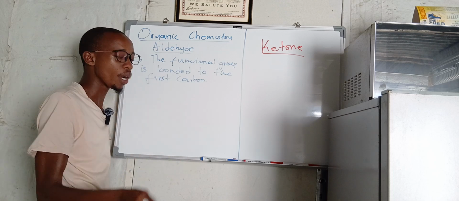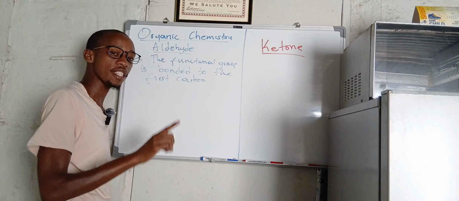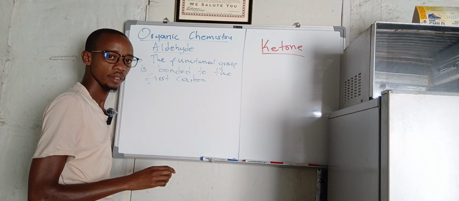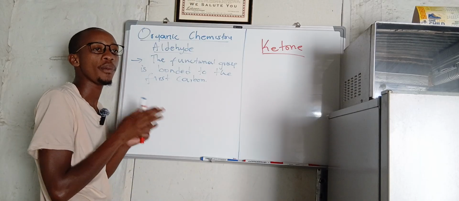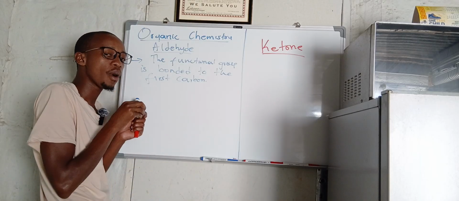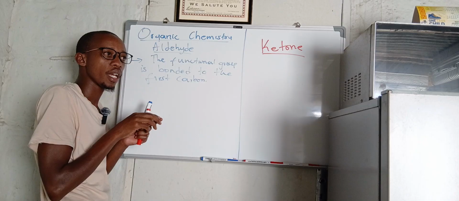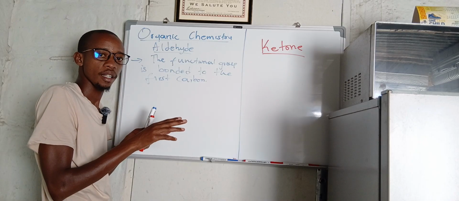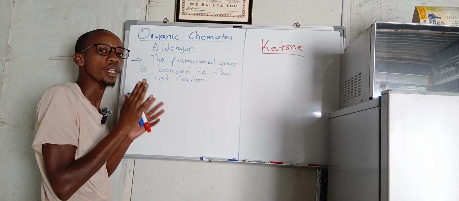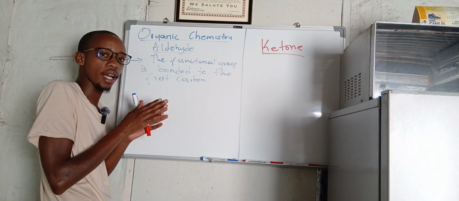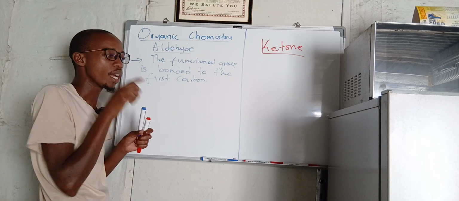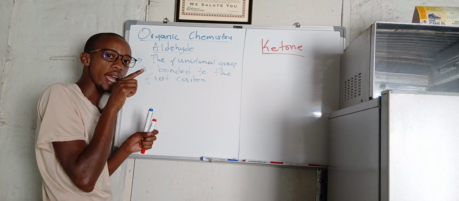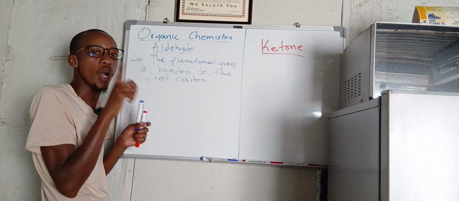It won't be anywhere else. It will be on the first carbon. We are focusing on that. So it has a C double bond O, meaning a carbon bonded with a double bond to oxygen. You see, that's where the important part is. The carbon bonded with the oxygen double bond. That's where you see, oh, this represents an aldehyde if it is only on the first carbon.